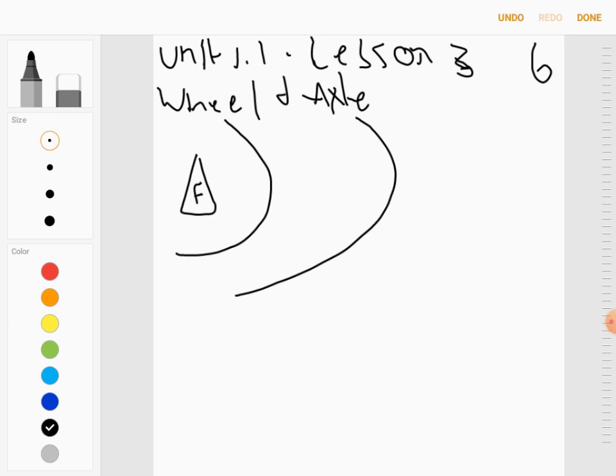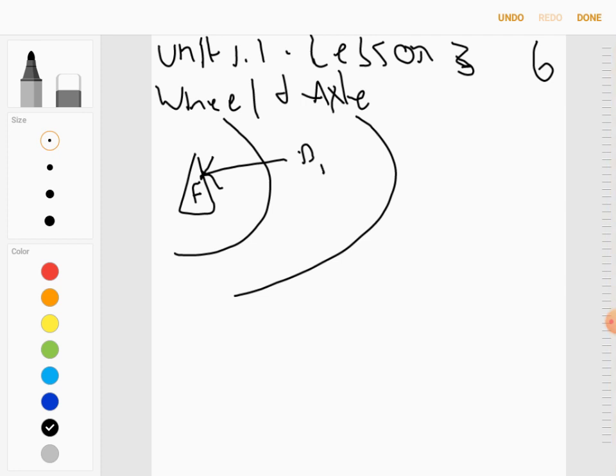And then this is the resistance distance.